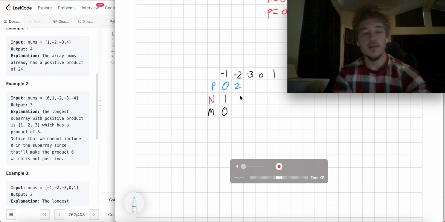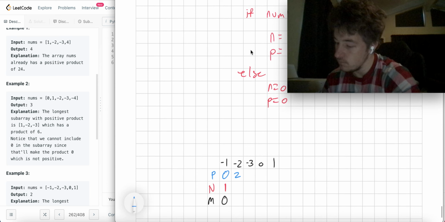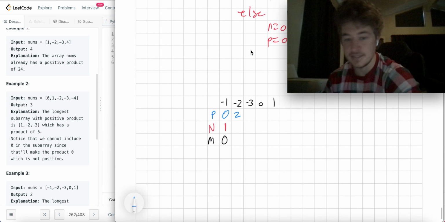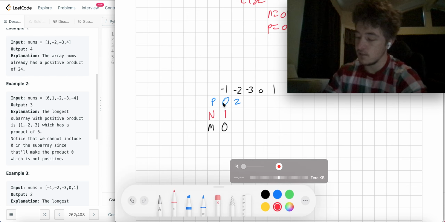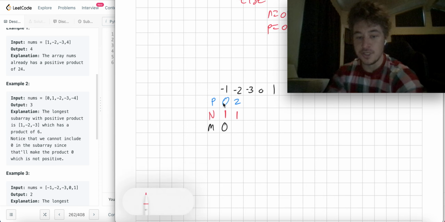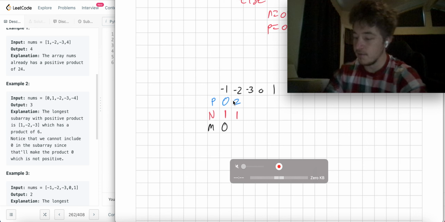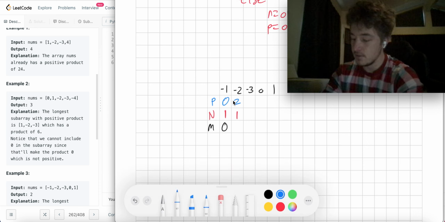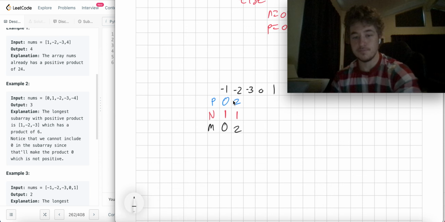And negative becomes 1 plus the positive, right, because whatever was positive now will become negative. There's nothing here, but now it's just length 1. Okay. And then we would check our max and say, okay, our max is now this blue 2. Now we found a situation where we can get a positive of length 2.